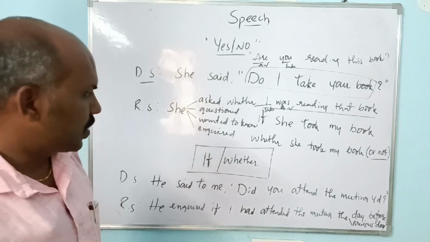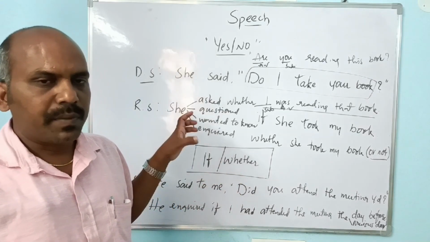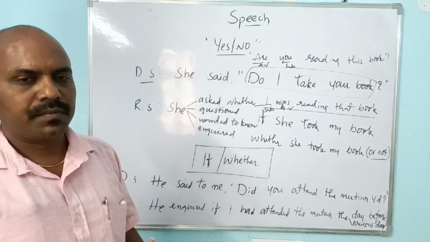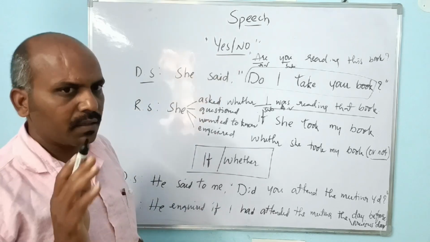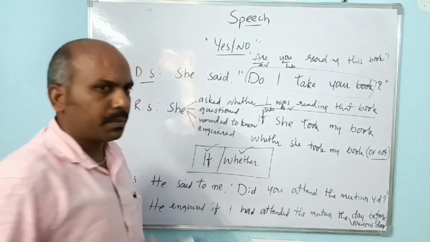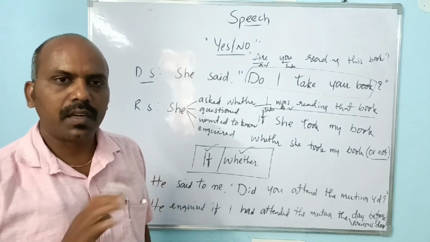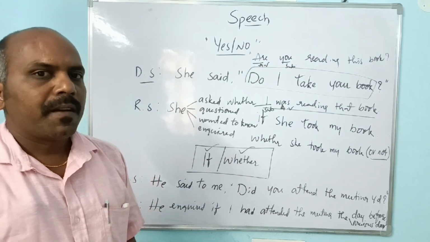But just focus on these two extra things. Normally in direct speech to reported speech, the words change into other forms, but in yes or no questions one extra word is added, that is if or whether. Remember this. And after that, the question changes into a statement, according to the tense table.